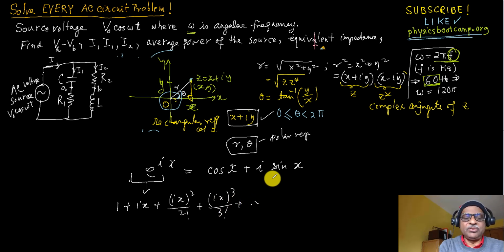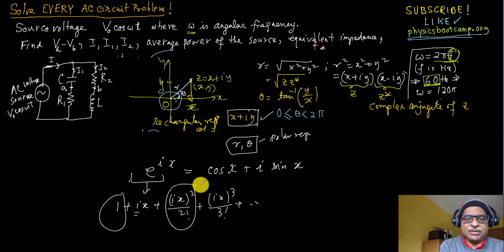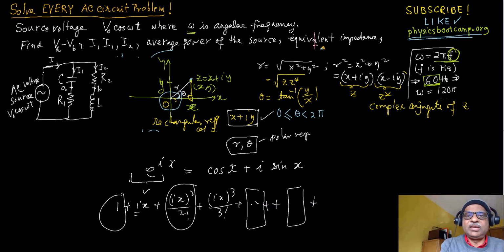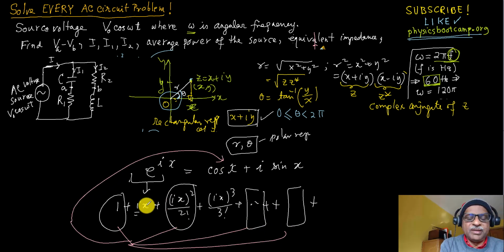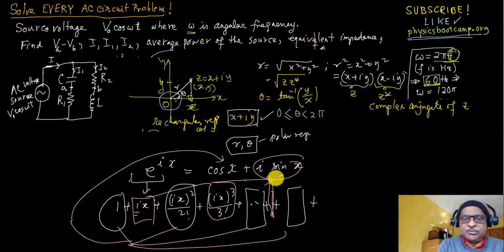You can see that the real part has all the even terms, which will all end up becoming cosine, and all the odd terms will have i times x, which will become sine x.